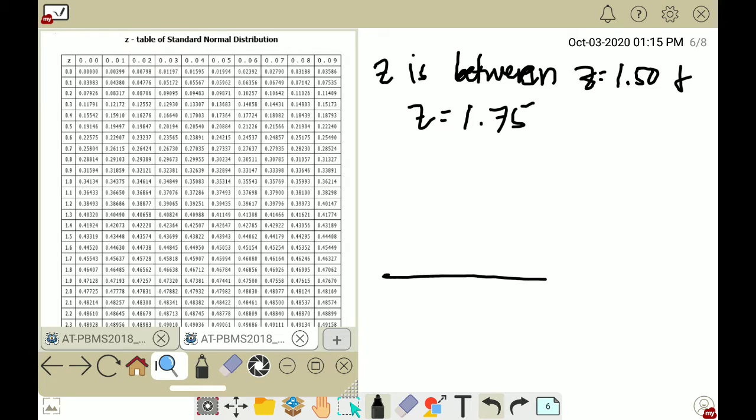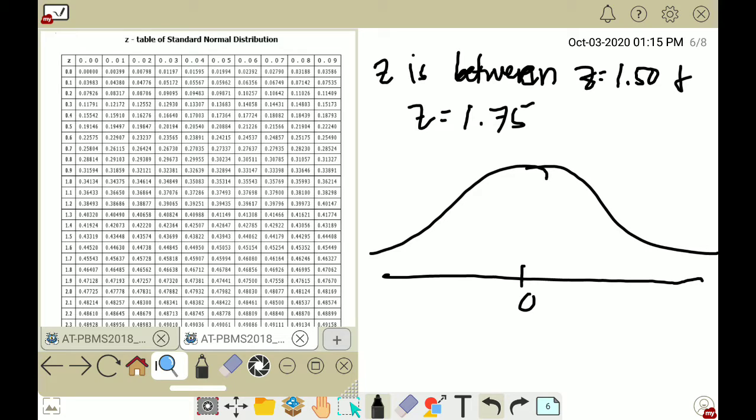So if we are going to draw that on your normal curve, this is your 0, then 1, 2, 3, and negative 1, negative 2, negative 3. So 1.5 is here at the middle of 1 and 2, and 1.75 is somehow near your 2.